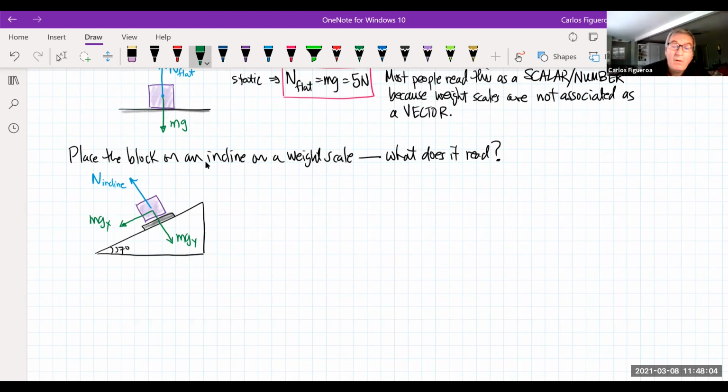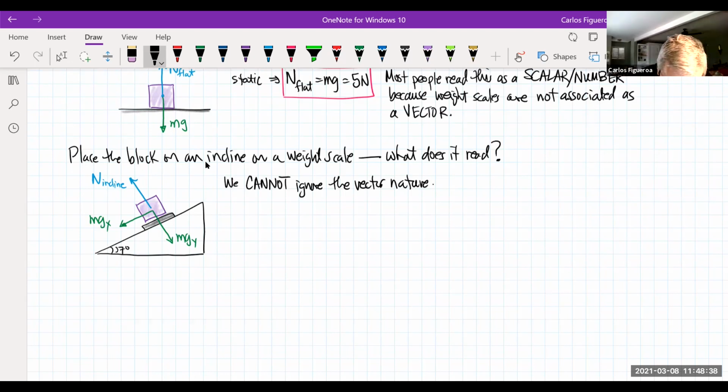So now what happens when we do this? We cannot ignore the vector nature. And what it says here is that the incline does not support the full weight, but part of the weight.